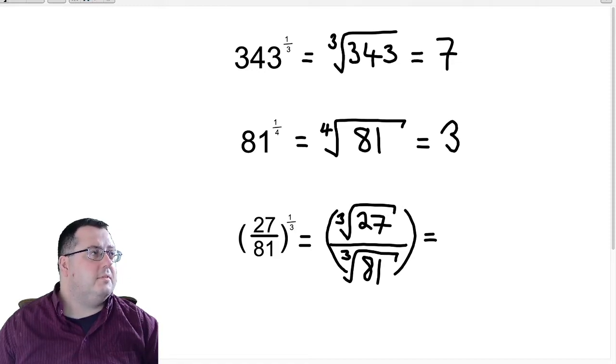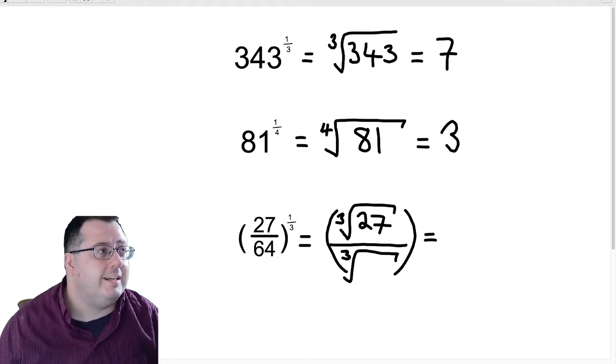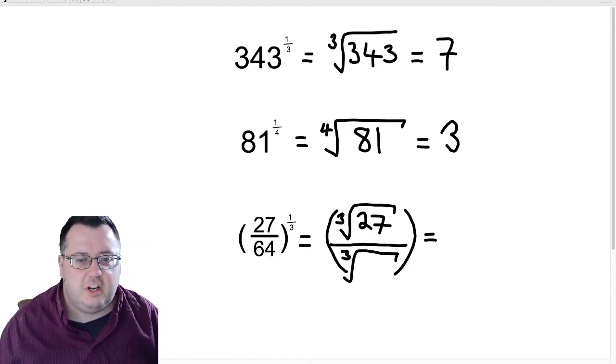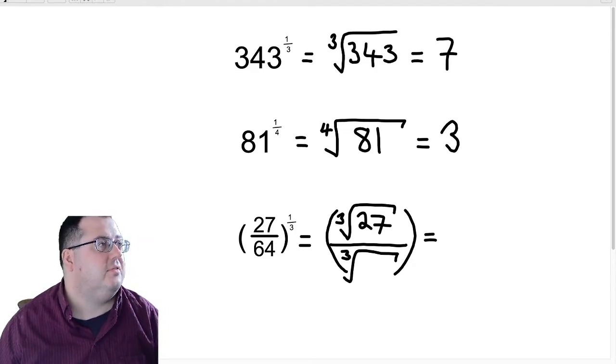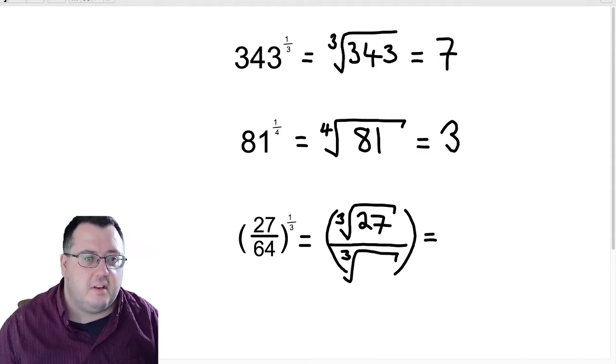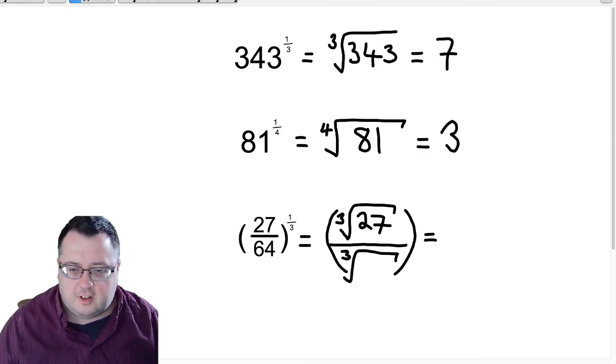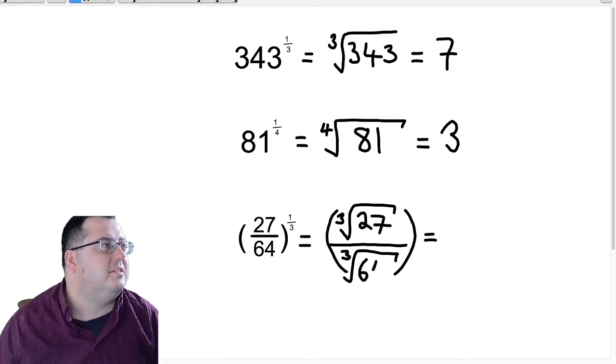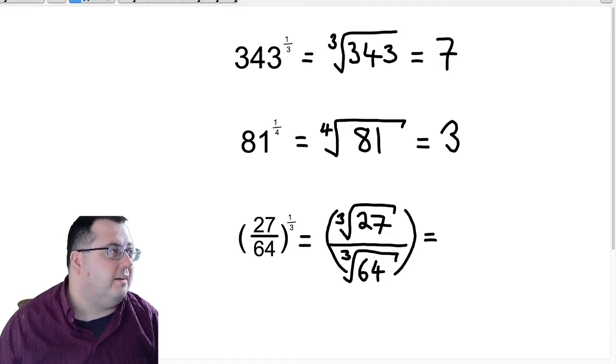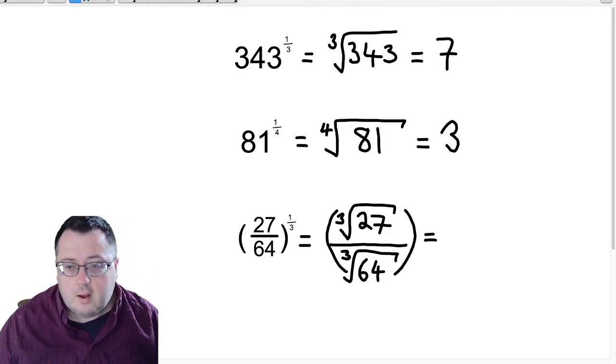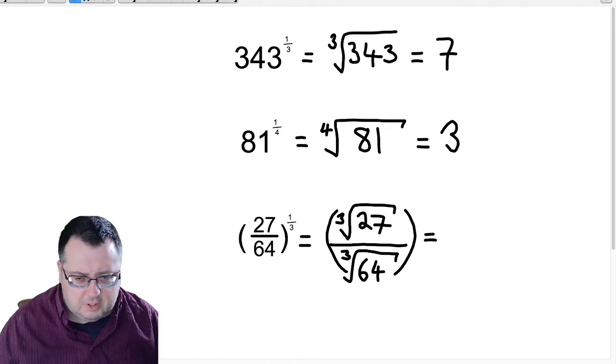Give me a moment. Okay, we are back, and as you can see, I've changed that 81 there to 64. That makes the maths and the numbers a little easier, and I don't want a decimal on the denominator, which is what we would have got there if I'd left it as 81. So what are we going to get when we do this?